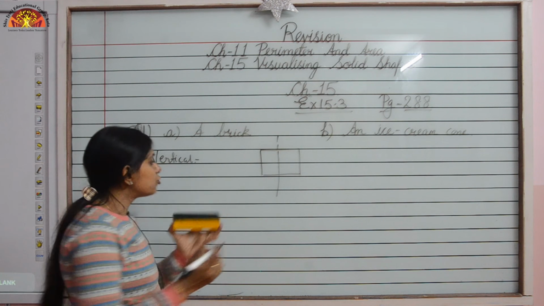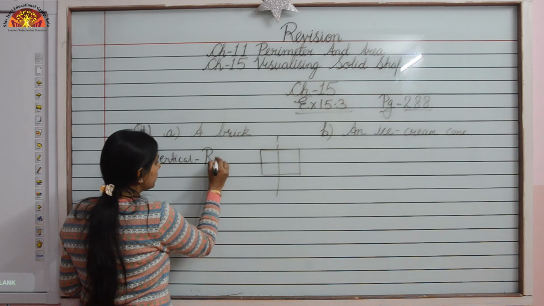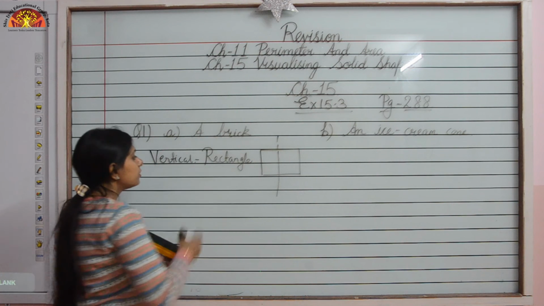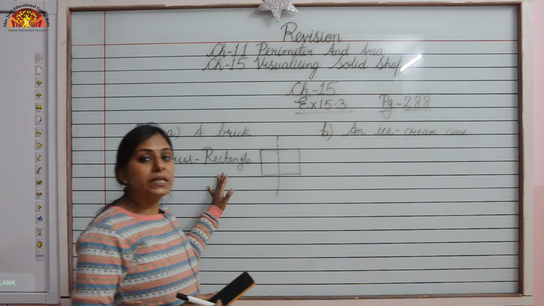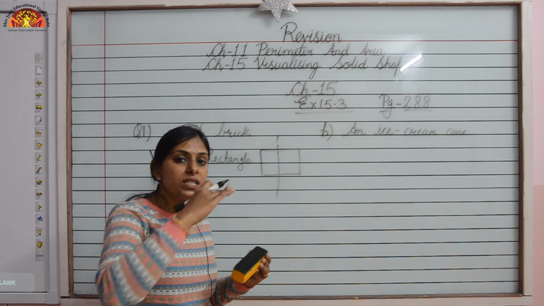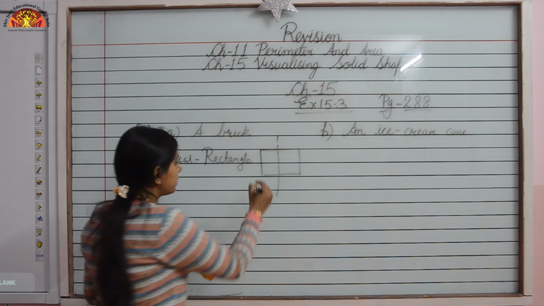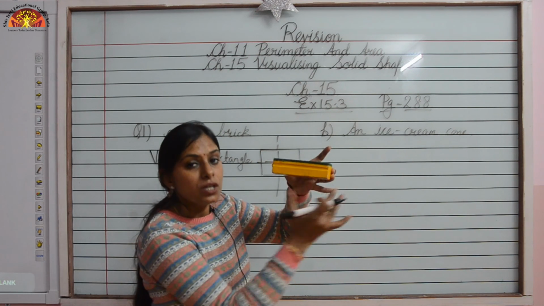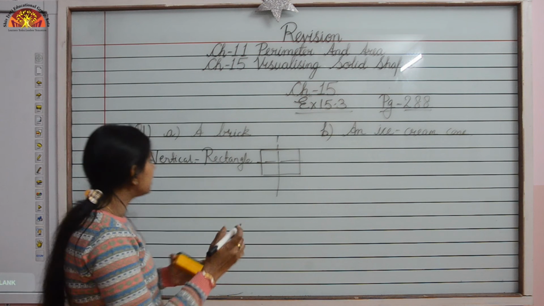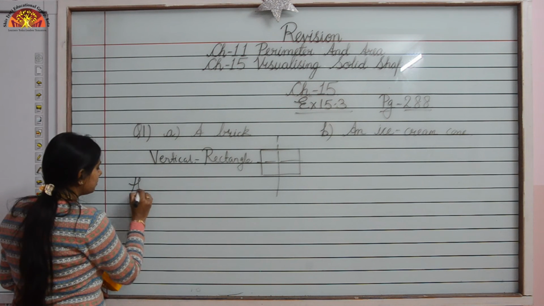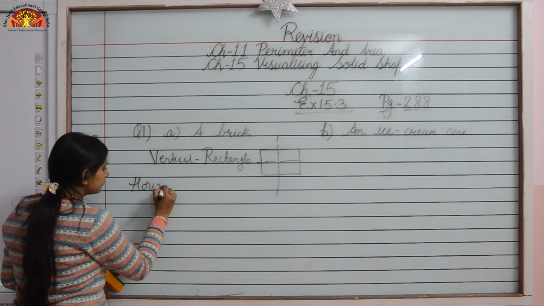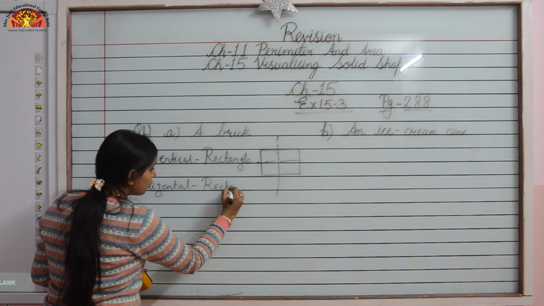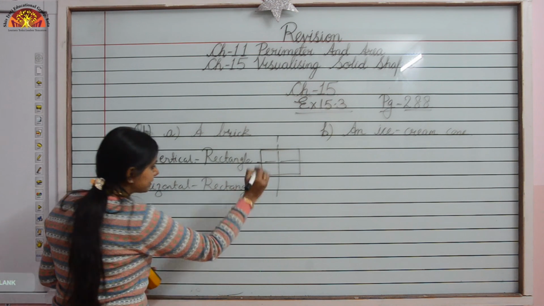You obtain the shape of a rectangle, okay. Now when you give a horizontal cut to a brick, cutting the brick horizontally, what cross section will you obtain? Again it will be a rectangle, okay.